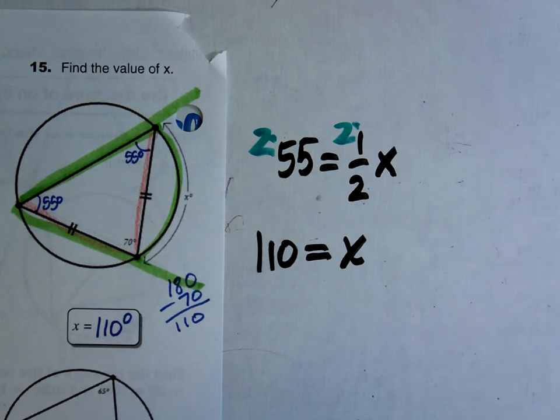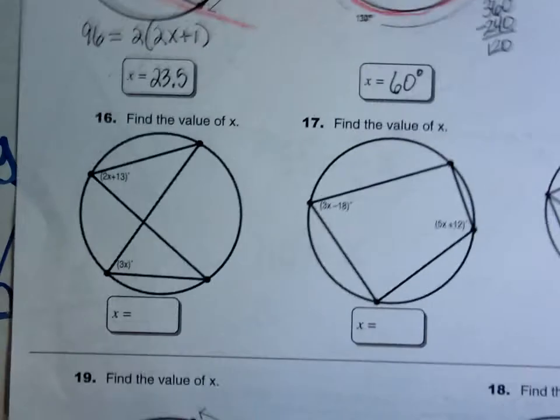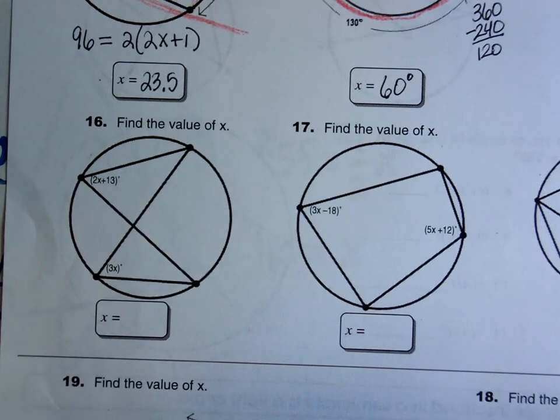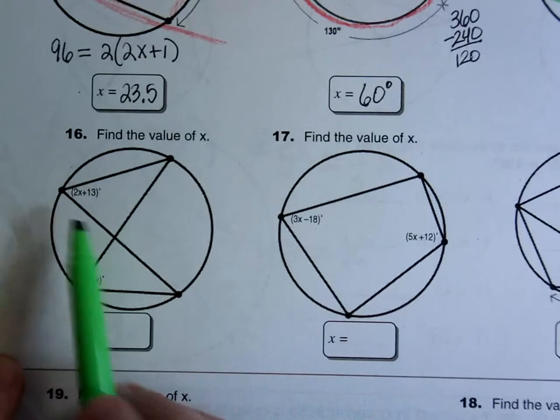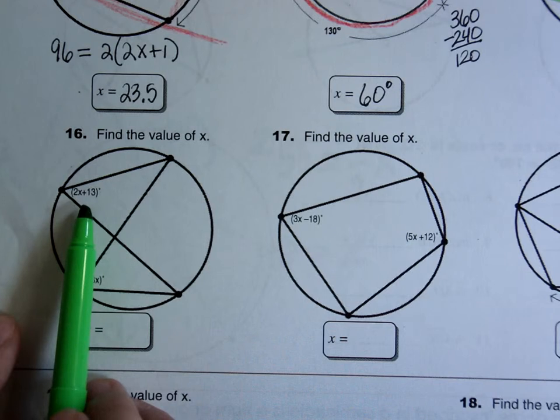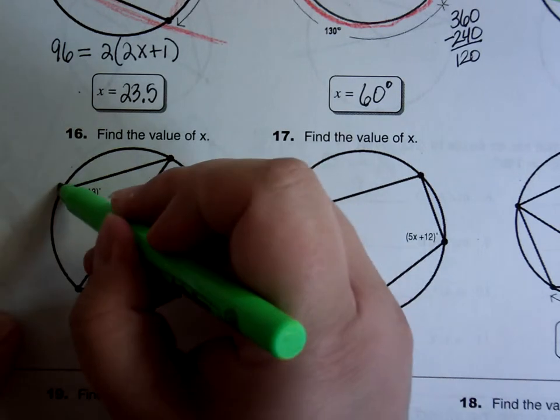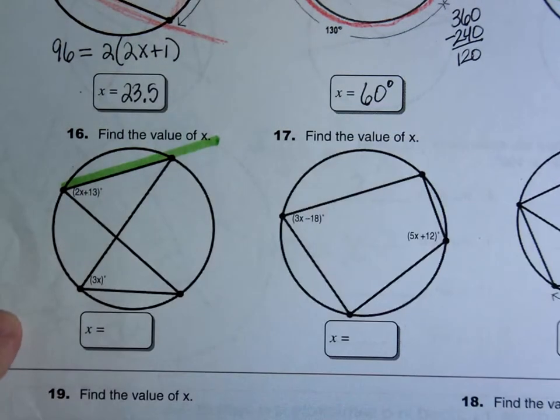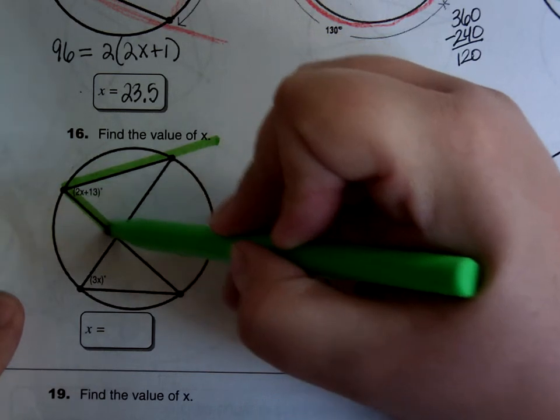Okay, next one, number 16. Find the value of x. Well, let's look at what those angles have to do with. The angle that is marked 2x plus 13 has a side here, and it has another side here.